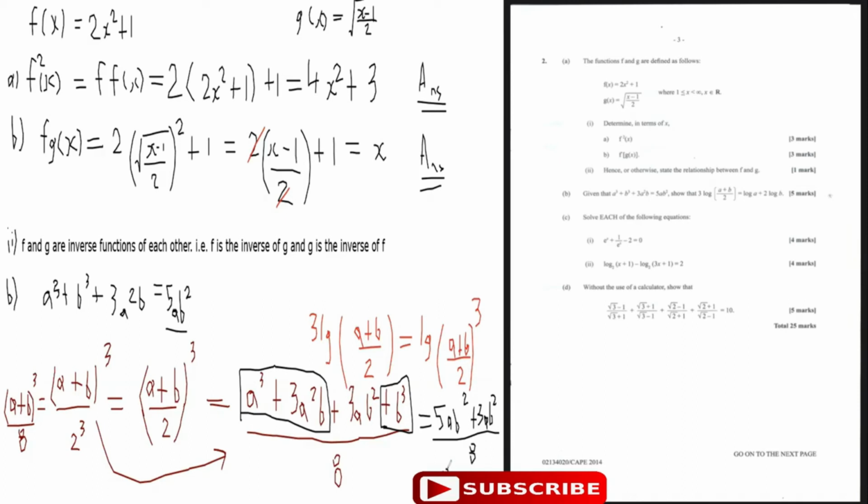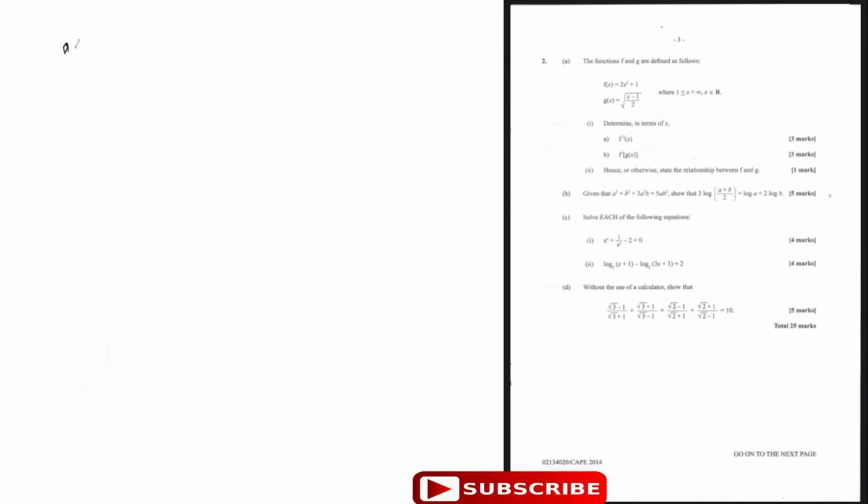So what can we conclude, guys? We can conclude that ((a plus b) over 2) all cubed is equal to ab squared. That's what we can conclude.